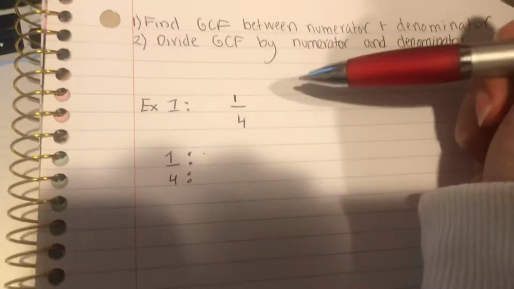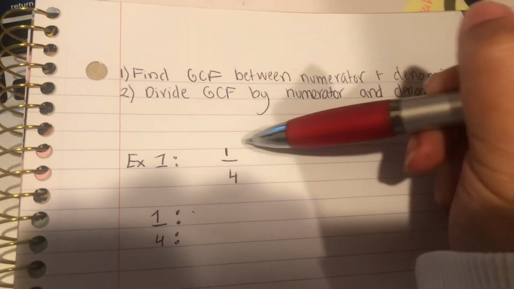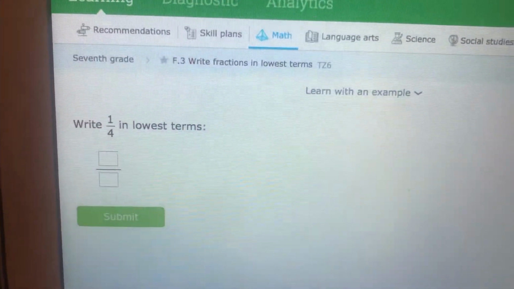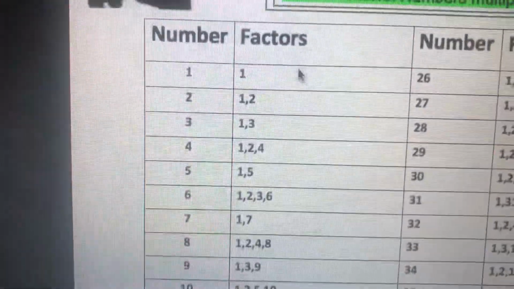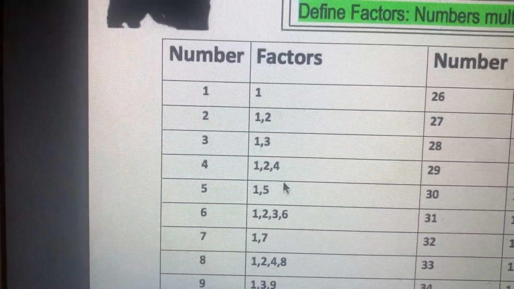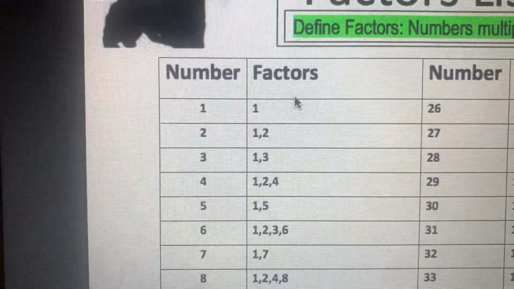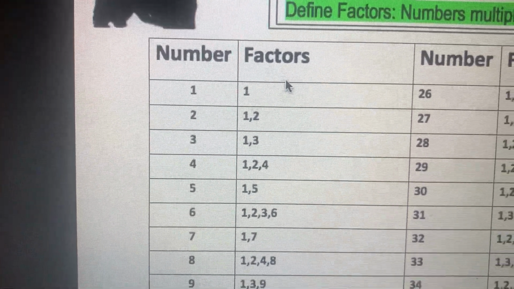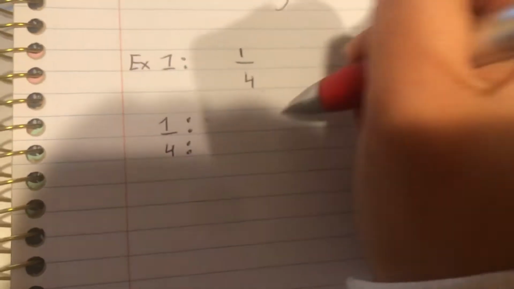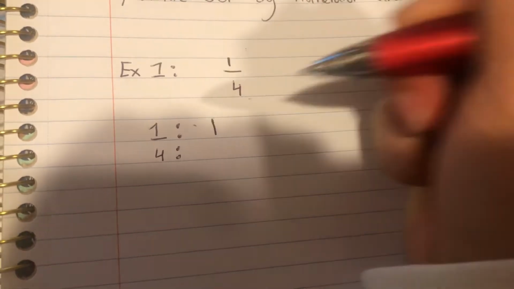So I have to find the greatest common factor between 1 and 4, my numerator and my denominator. So how am I going to do that? If you don't know the factors of 1 or 4, well, here you go. This gives it to you right away. Amazing, right? Okay, so I'm going to write down the factors here. The factor for 1 is 1.